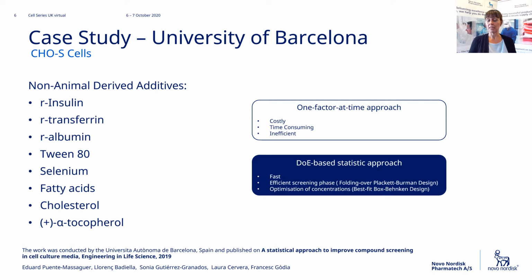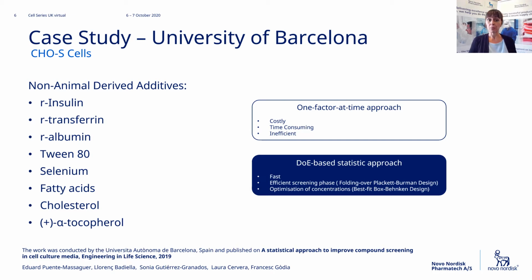In this study, a DoE statistical approach was used to achieve the best performance in increasing both cell growth and Mab production through supplementation with animal-free recombinant compounds. 8 components, as you can see on the slide, were selected according to their capacities to improve cell culture conditions in a CHO cell culture system.